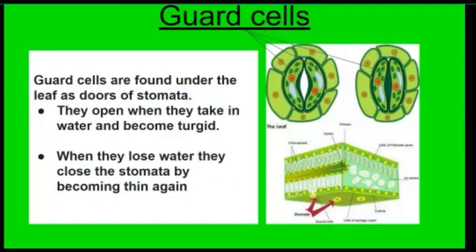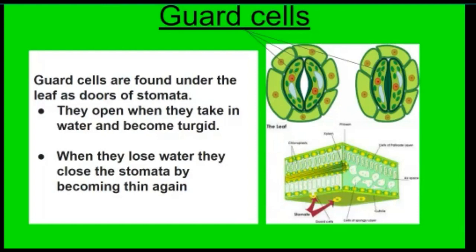Then plants have other kinds of cells which are called guard cells. Guard cells are like the doors of stomata, and they are found on the underside of the leaf. If you turn the leaf upside down, you cannot see it with your eyes. But if you look inside the microscope, between the other plant cells, you will find the stomata with the guard cells.